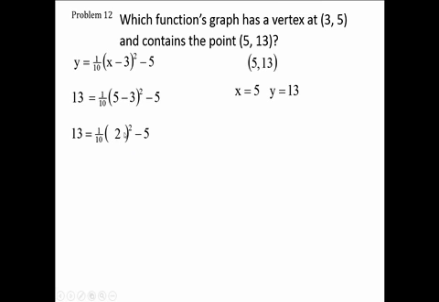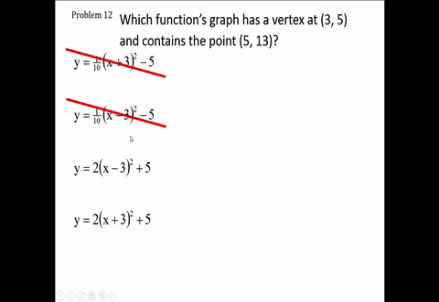If you square the 2, what do you get? And 4 divided by 10, and this isn't going to work either. This point doesn't even work in this equation. So we have two reasons to throw out this equation. (5, 13) doesn't fit in here.